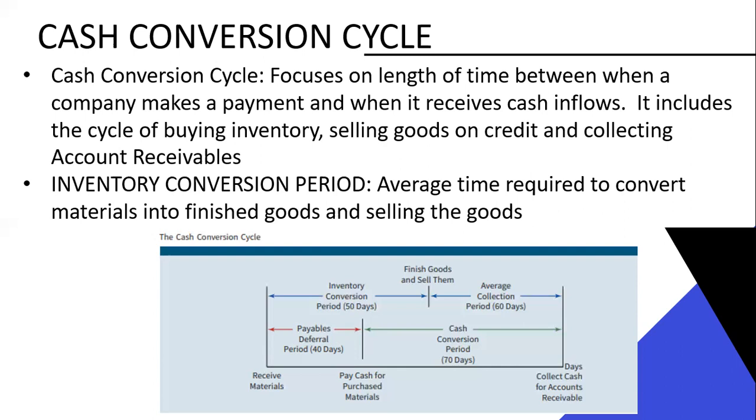That is your payables deferral period. So that's 40 days, and your cash conversion period is 70 days. That cash conversion is the time from when you bought the inventory till you sell it and actually get money for it. So these are two differentiating factors.